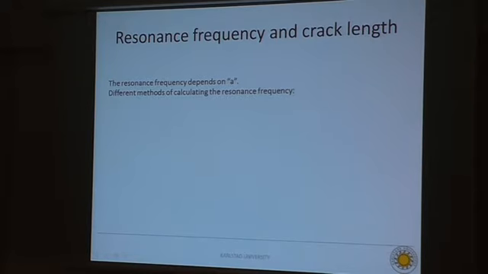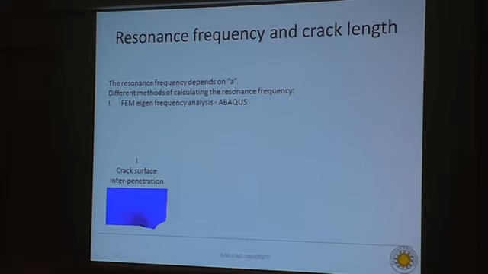So we tried different methods to calculate the resonance frequency. The first method is a simple eigenfrequency analysis in FEM software Abaqus, where we're using a quarter symmetry of the specimen.